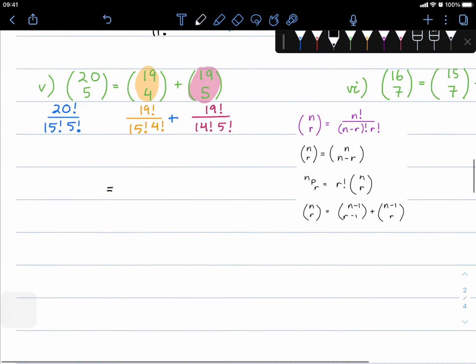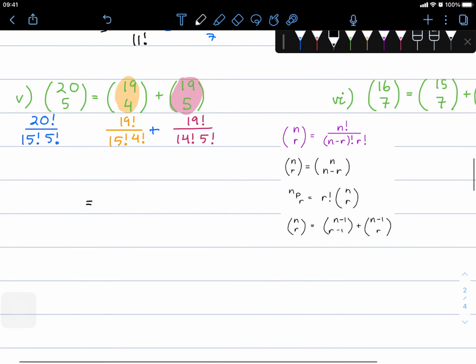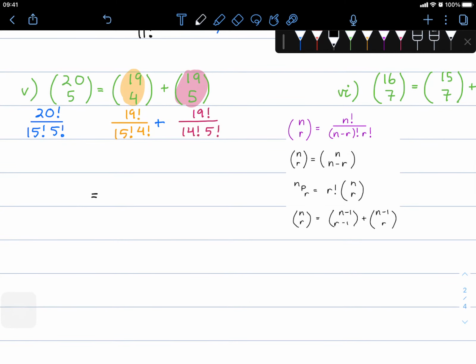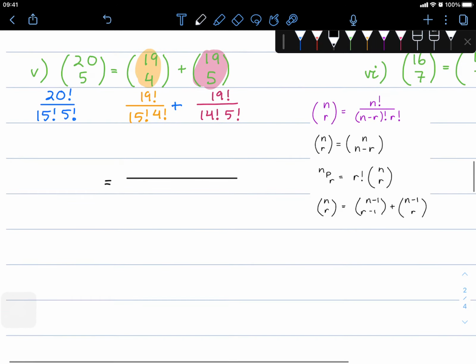Let's think about the denominator of these two. Now with regular fractions, we want the lowest common multiple. I want you to think about this. Between these two, which one is the lowest common multiple?